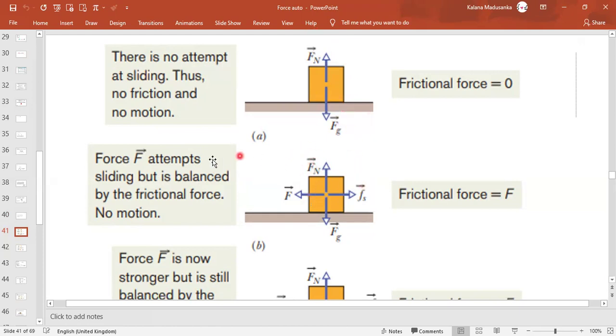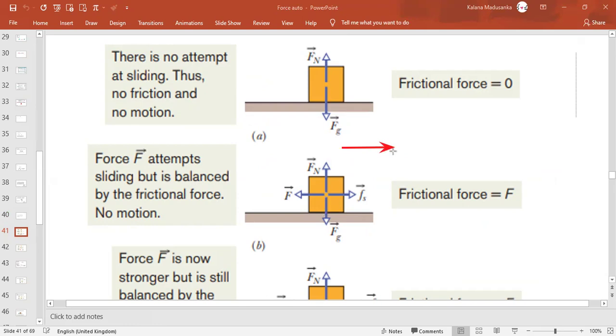Then the second scenario, now we are applying a force to the book. And when we apply a force, what happened to the book? It gains some velocity over time, which becomes an acceleration. Now the object is actually moving, right? This one is moving in this direction, the second diagram I'm talking about.